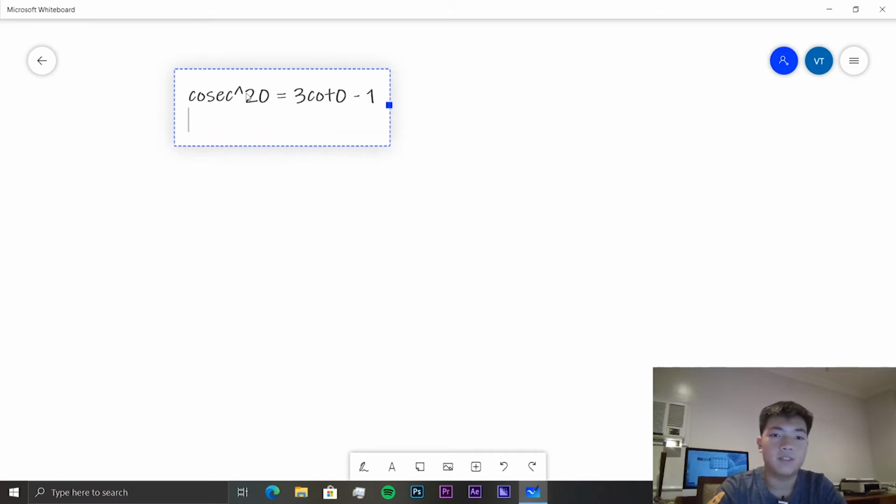Let's try and solve this algebraically. We want to express everything in terms of one trigonometric function. So we have 1 over sine squared theta is equal to 3 times cosine theta over sine theta minus 1.